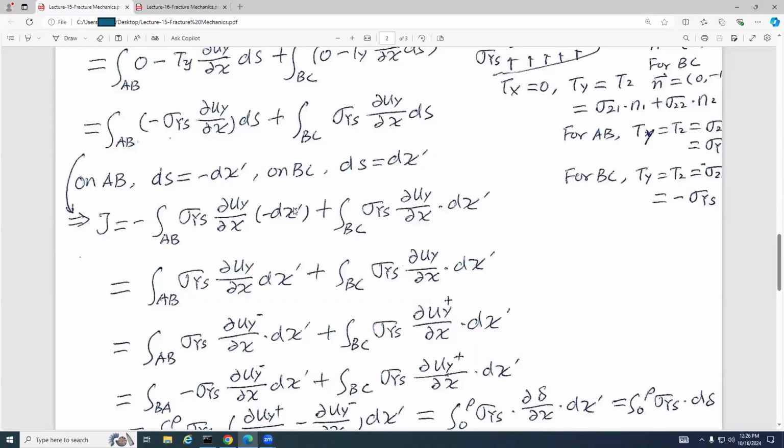And then we look at uy. Even though this is a very, very sharp one, we just assume. On this edge, on AB, this displacement, we say it is going down. It is Uy and minus, okay? And for the points on the BC curve, we see Uy and positive.